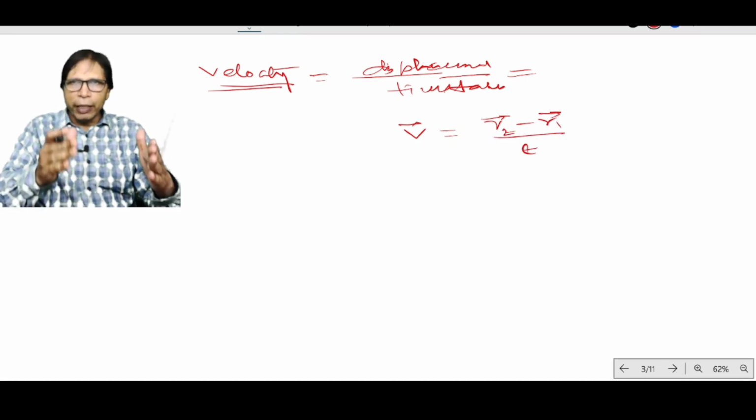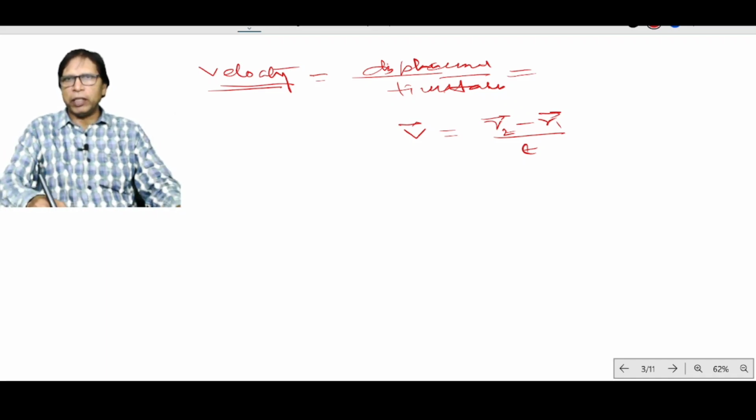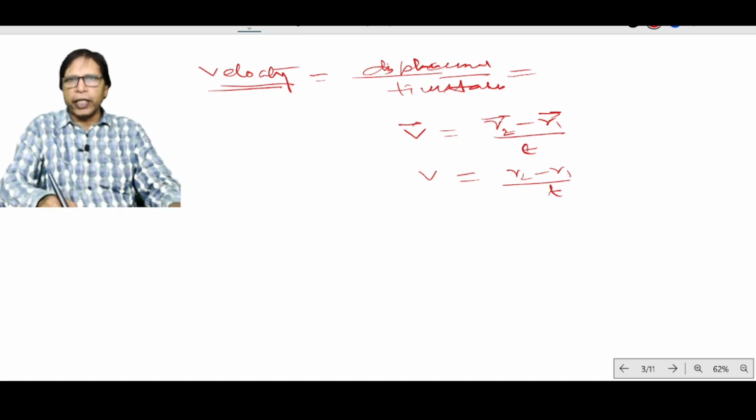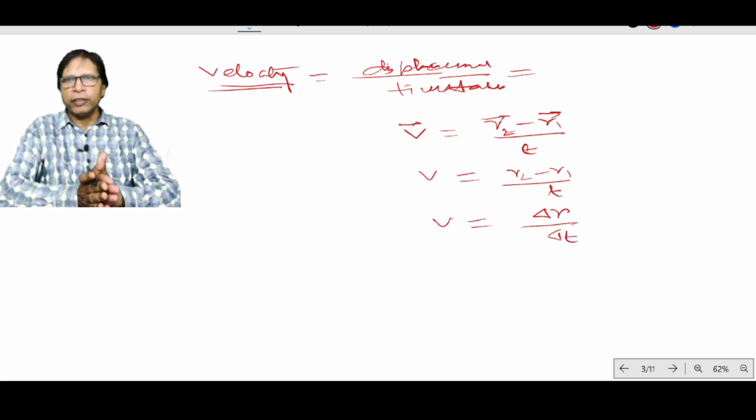Okay, it is a vector quantity directed in the direction of displacement. So look at this, for a straight line path, v equals r2 minus r1 by t. If r2 and r1 are very close to each other, then we can write v equals delta r by delta t. This is also known as average velocity.